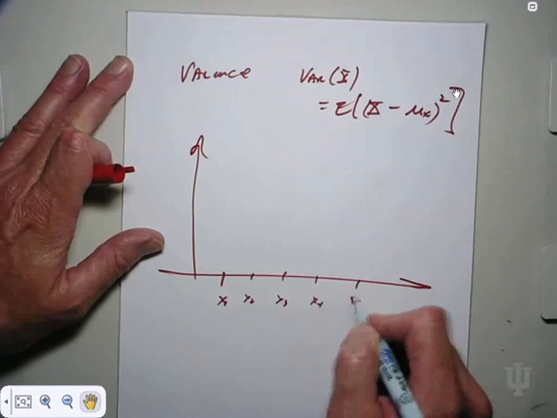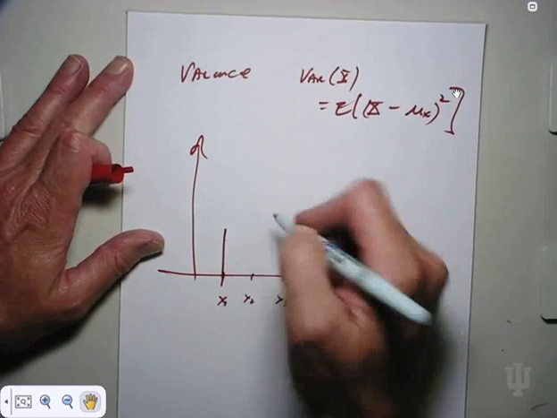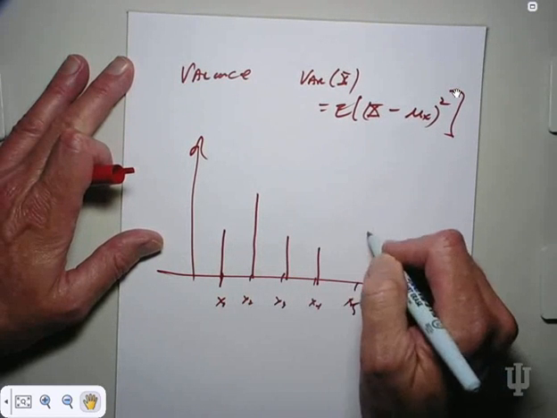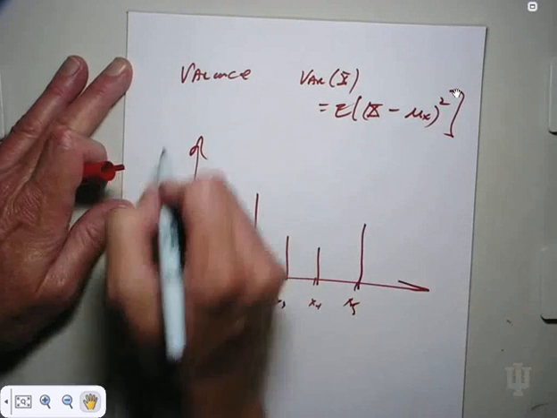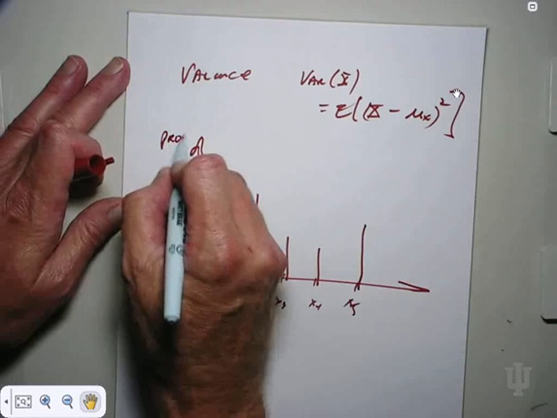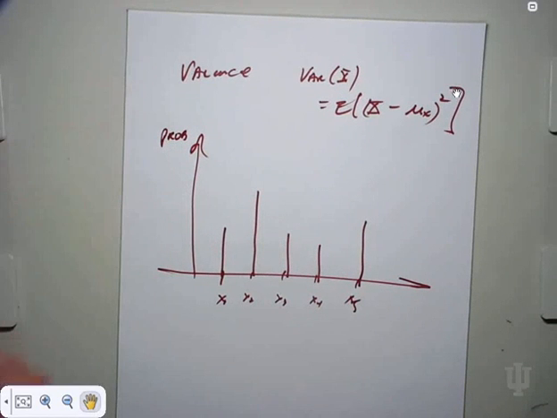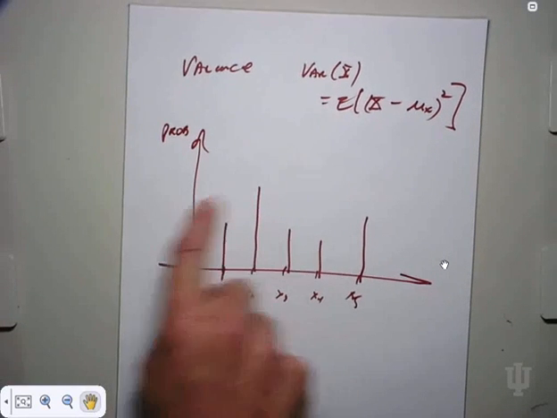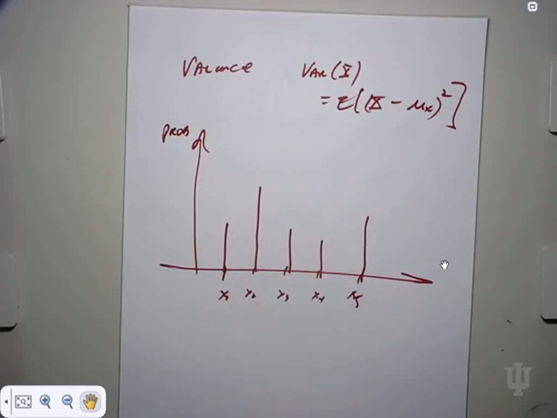And then they have these likelihoods, right? This is the mass function, so this is probability. And then you calculated mu x. Mu x is a number. You have x1 and the likelihood of x1, x2 and the likelihood of x2, and so forth, and then you calculate mu x.